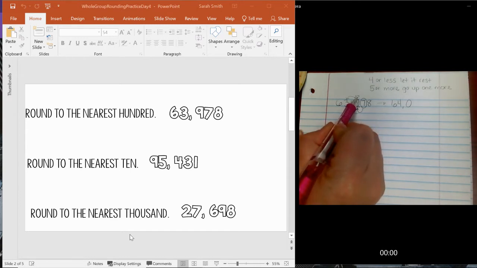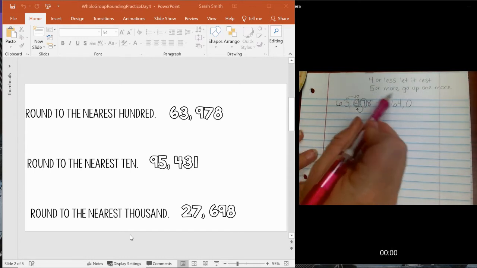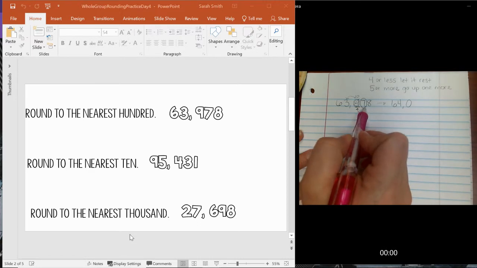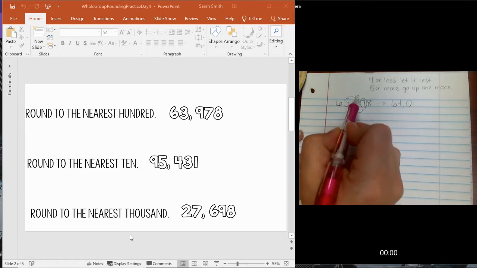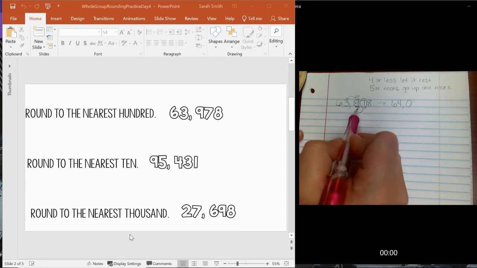Okay, I'm going to say that again. If it's 5 or more, go up 1 more. So since the 7 behind the place we were rounding was more than 5, we know this 9 had to go up 1 more, which would make it a 10. But we can't put a 10 in the 100 spot. It doesn't work like that.